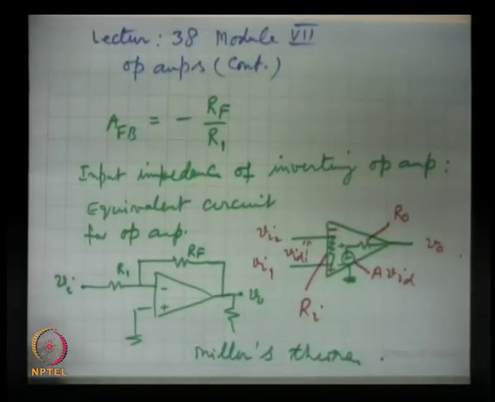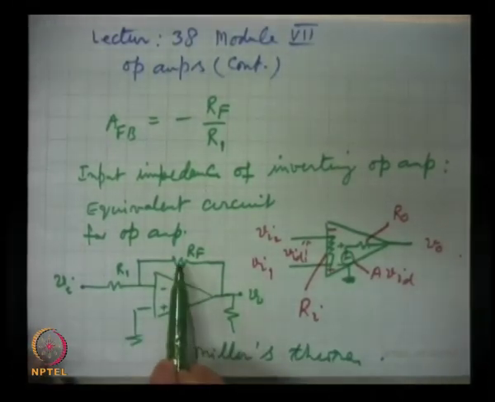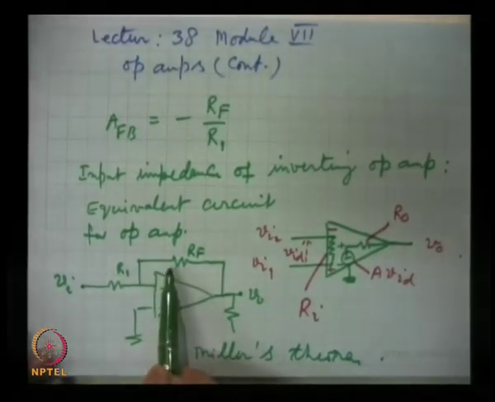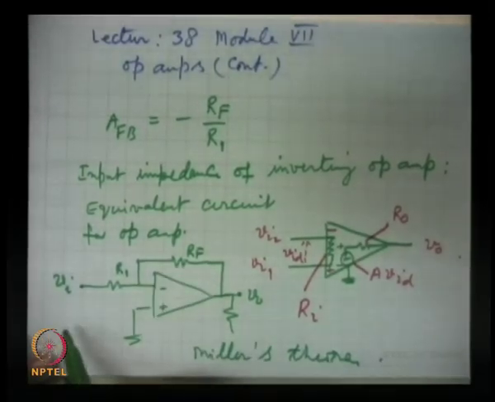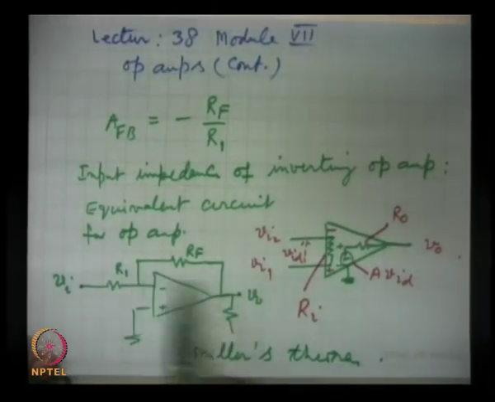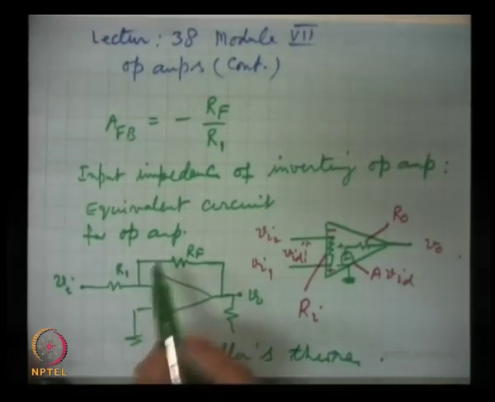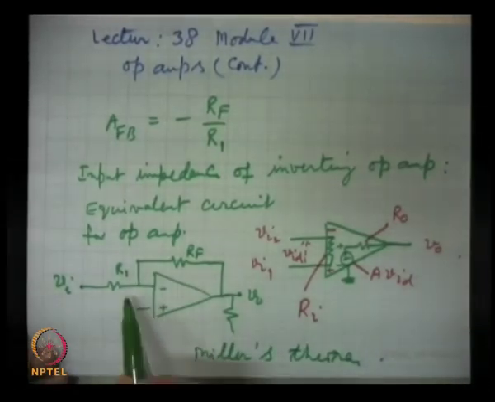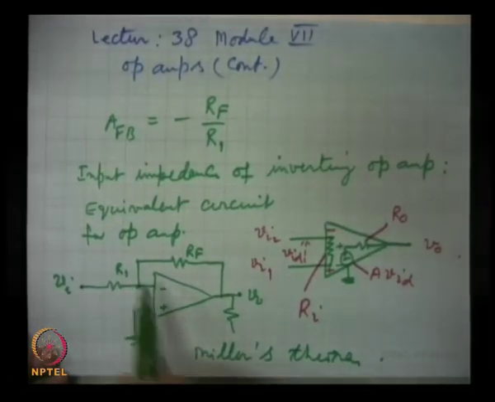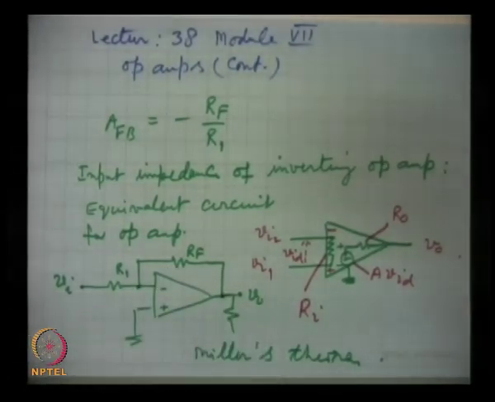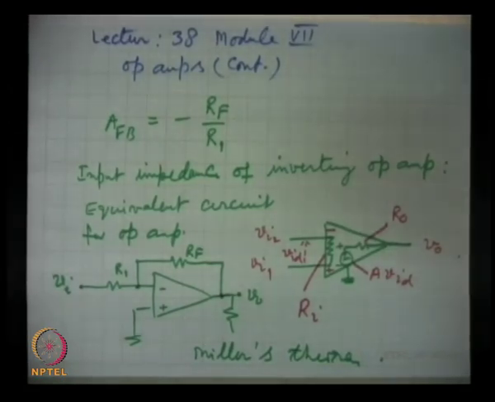Miller's theorem is applicable to find out the equivalent resistance of this RF at input and output, because this is in Miller's configuration. What is Miller's configuration? One end of the resistor is connected at the input and the other end is connected at output. So, this is in Miller's configuration and we can apply Miller's theorem. So, in that case the impedance which we will be getting is this.